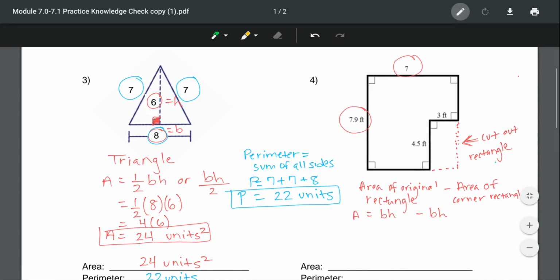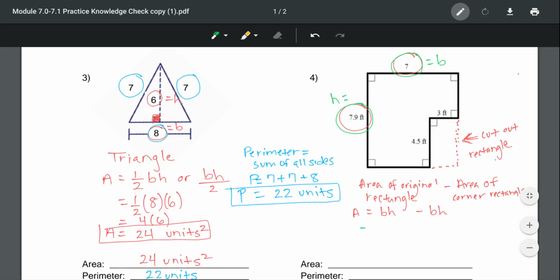So with the original rectangle, the height is 7.9 and the base is 7. So let's plug those in. So we're going to take 7 times 7.9.